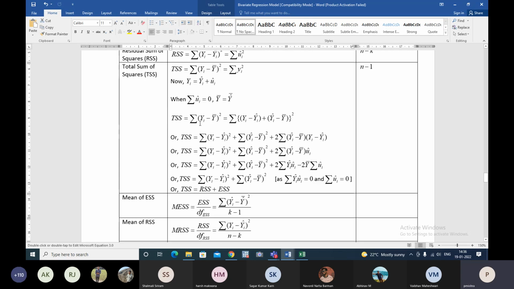What we basically need to do is set total sum of squares. We have this as total sum of squares. So what I'm doing here is subtracting y hat I and adding y hat I. Then I have a plus b whole square, so a square plus b square plus 2ab.